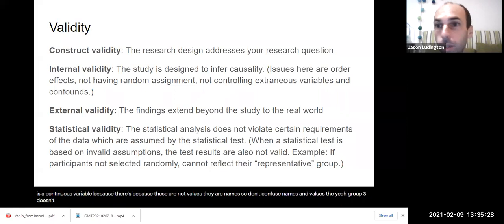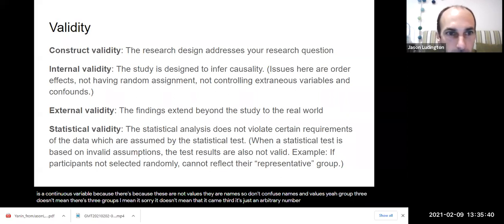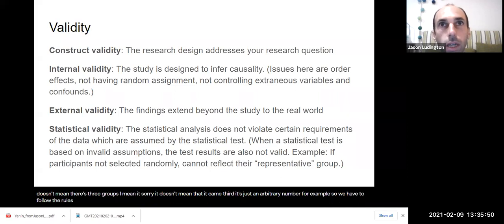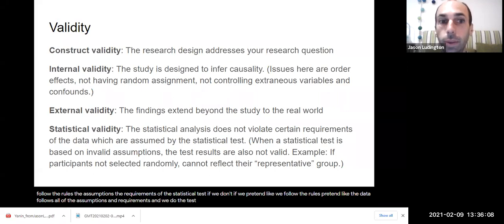Group 3 doesn't mean there's 3 groups. It doesn't mean that it came third. It's just an arbitrary number. So we have to follow the rules, the assumptions, the requirements of the statistical test. If we pretend like we followed the rules, pretend like the data follows all of the assumptions and requirements, and we do the test, then we have made a mistake.